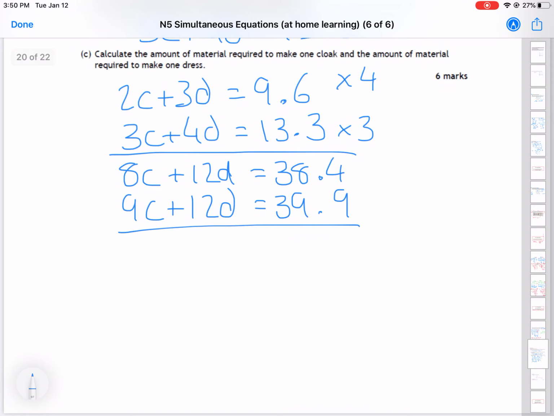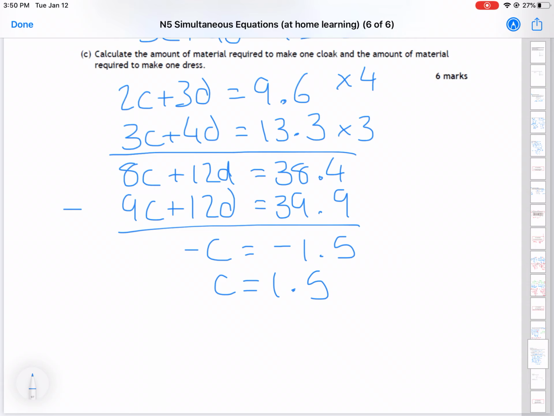Okay, we are going to have to subtract them, giving us negative C, and that will give us a negative over here. I believe it's 1.5. I'm just going to double check that. Yeah, 1.5. Since they're both negatives, then we can make them positive, so C is 1.5.